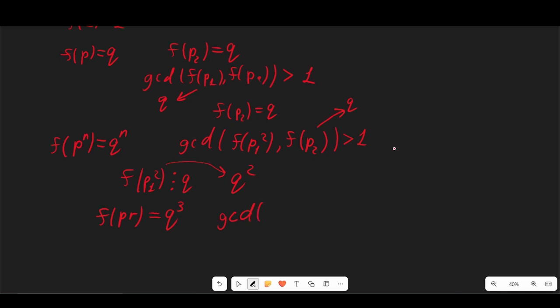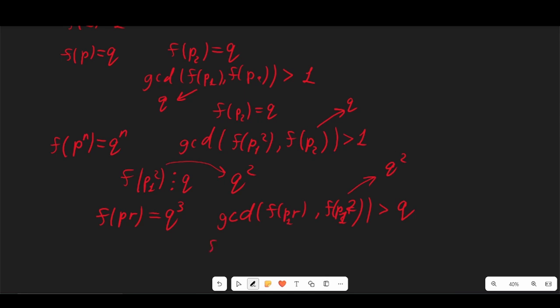If we consider GCD of f of p1r and f of p1 squared, it's better to take p1 squared, this is greater than f of p1. So this is greater than q. But we know that this is q squared. So this means that f of p1r is also a multiple of q squared.